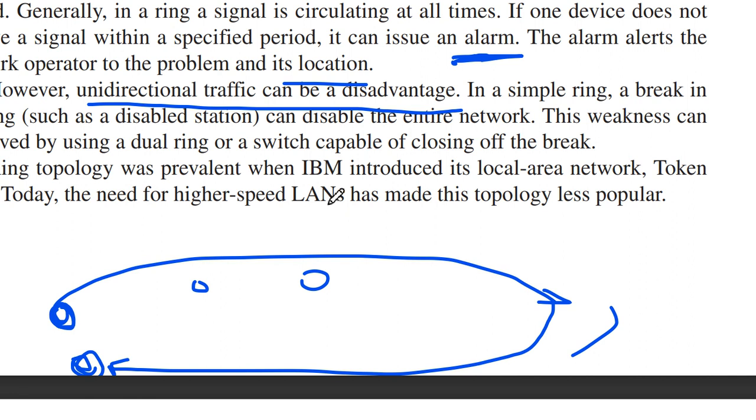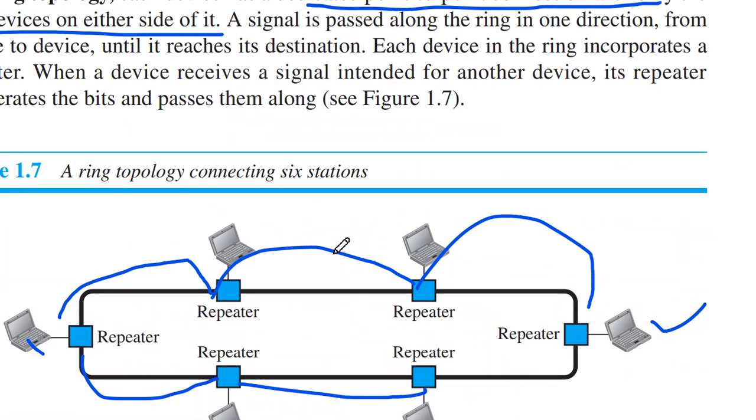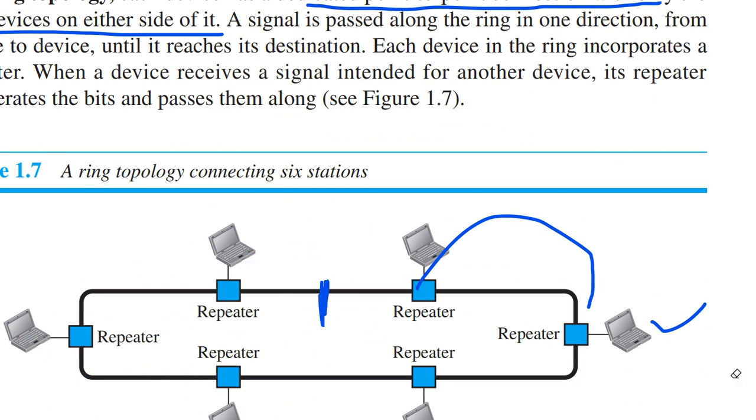In a simple ring, a break in the ring can disable the entire network. It means that if the ring fails here, say for example, I will erase all these diagrams and explain how this disadvantage arises.